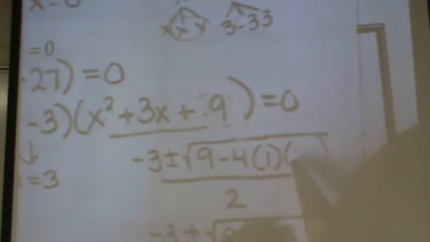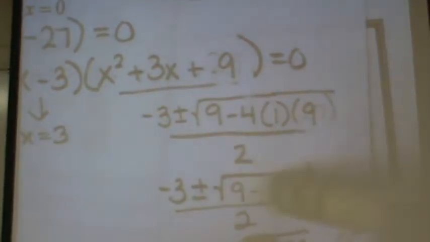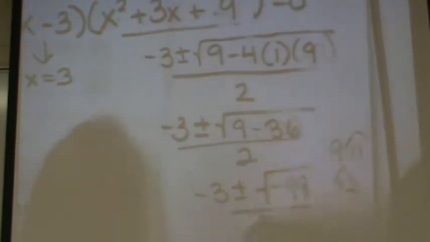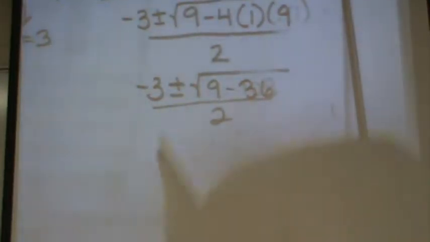4 times a times c, this is going to be 36, my bad. What's 9 minus 36? It's negative 27. I've done this problem a zillion times, I should know better.